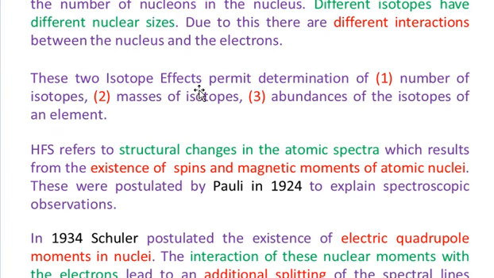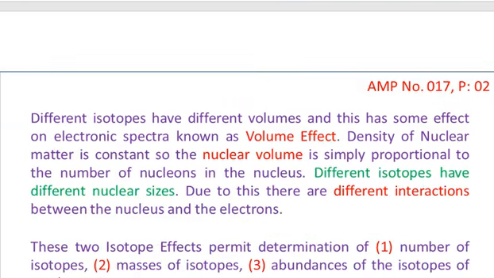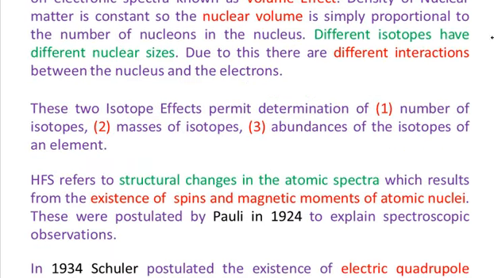These two isotope effects, what were those two effects? One is the isotope effect over here, and the second one is the volume effect. And I am talking about these two effects over here. These two isotope effects permit determination of the number of isotopes.